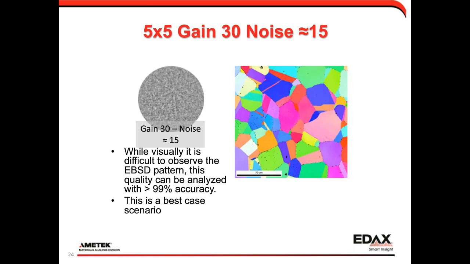I go ahead and pull out the pattern, see what's indexing it, and I can start playing with my pattern quality there. Okay, move it down, re-index it. My pattern quality is going down. Am I still indexing that same grain consistently? Yes, I am. Maybe I'll take a very, very small map on an area and check, am I getting consistent data for each one of my grains? Then I can go ahead and move on.